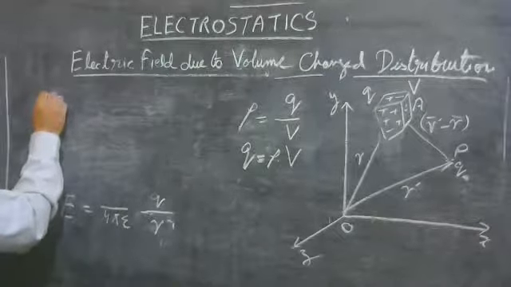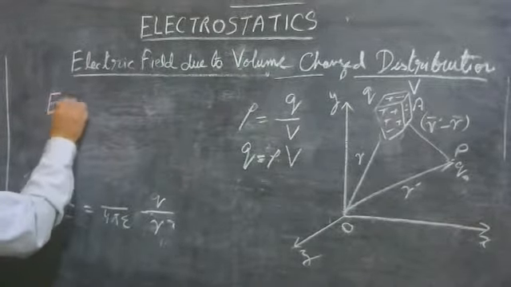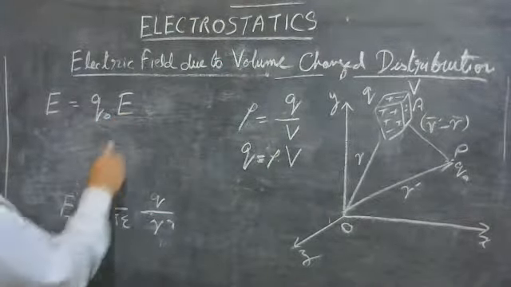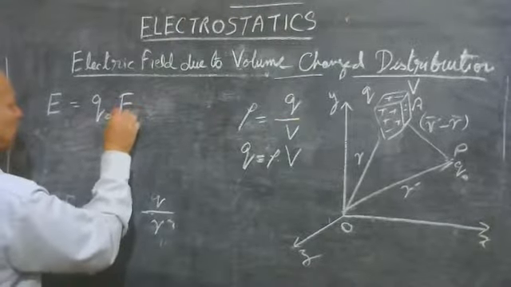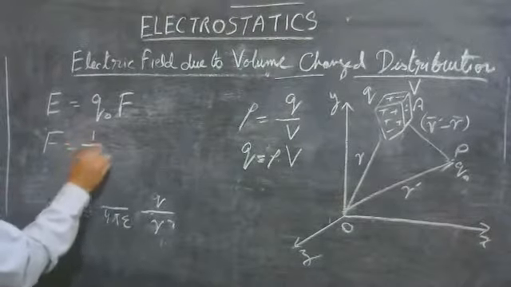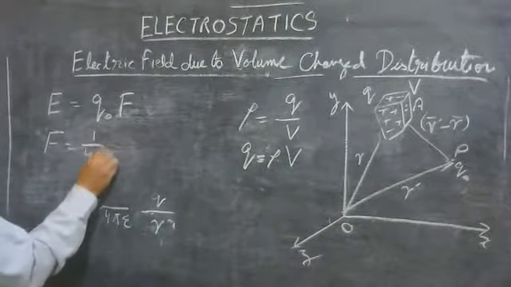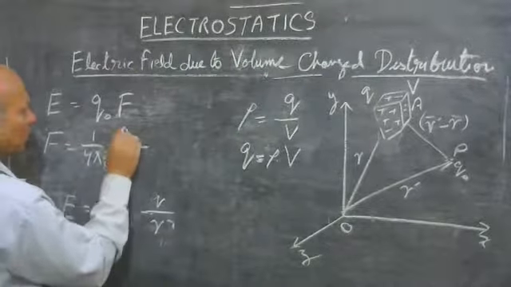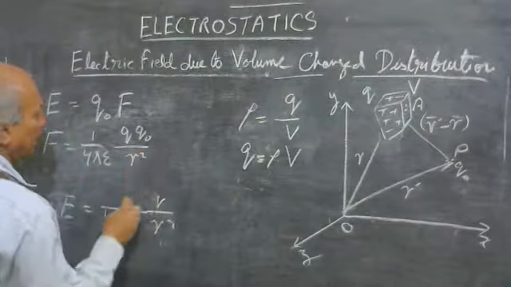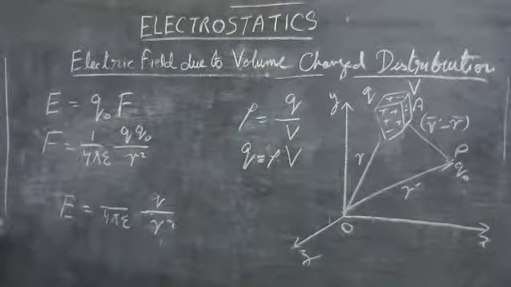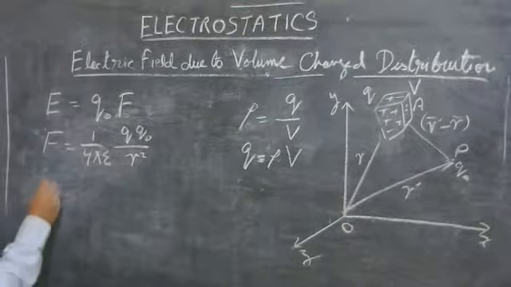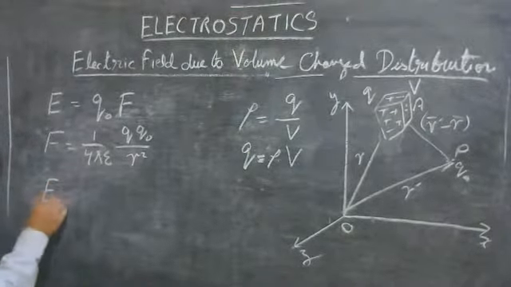We know electric field E is equal to force per Q naught, and electric force is equal to 1 upon 4 pi epsilon naught Q into Q naught upon R square. Now electric field, same thing as before.